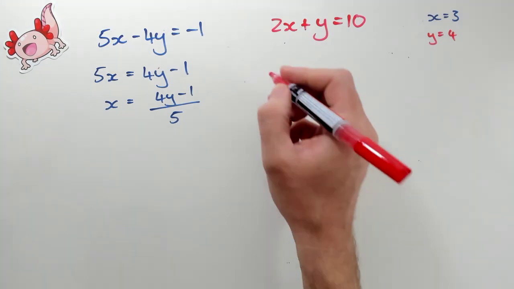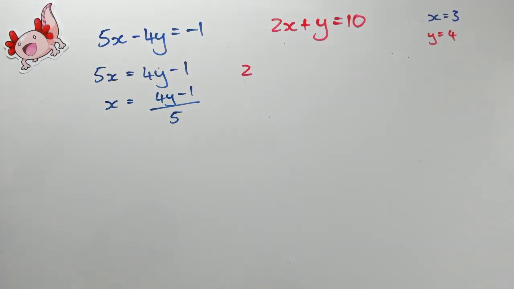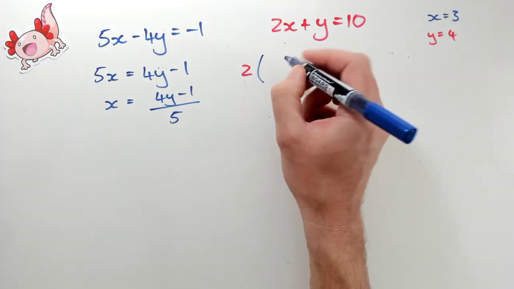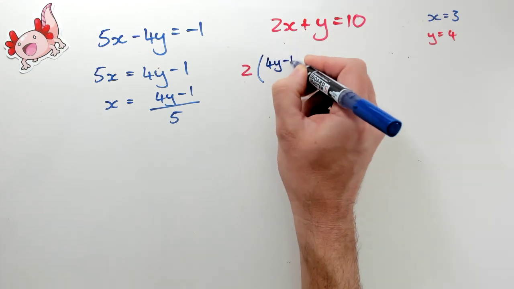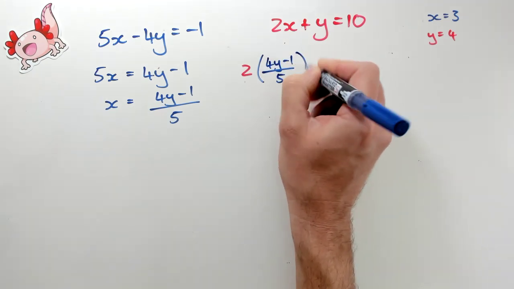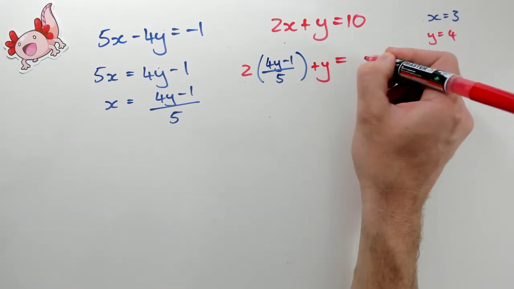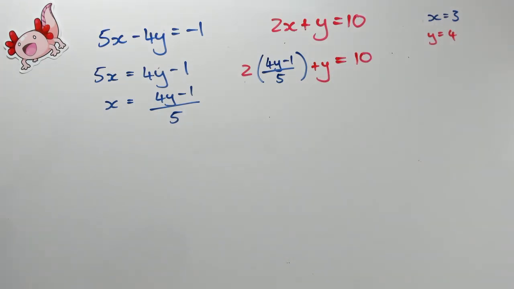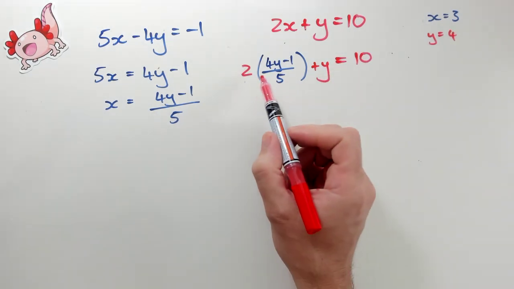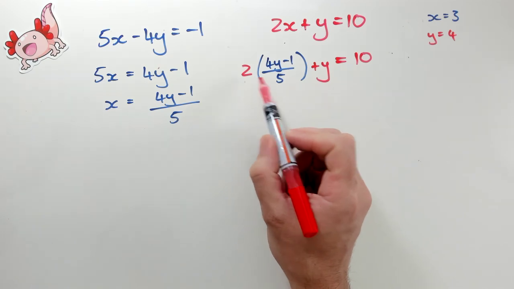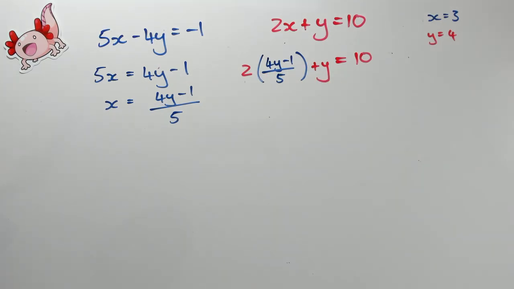I'll still color code, just because I'm nice. Okay, 2, and then we have 4y minus 1 over 5. You must love this. If you're watching this, well done for you. Good job. Okay. This is not nice, but we can do this.